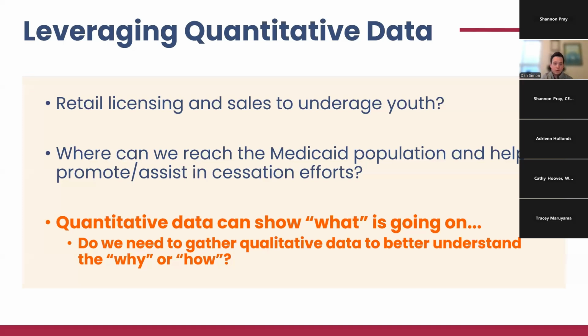Can you reach those populations? Where might you do that? If you were interested in underage sales of vape products, you could go to the Healthy Kids dashboard and find the percent of youth that report that they weren't refused due to age when they last tried to buy. That might inspire you to look at your current retail licensing requirements or something.